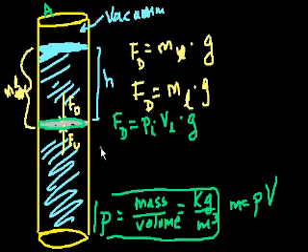So we could write that the downward force is equal to the density of the fluid times the volume of the liquid. And the volume of the liquid is just the height times the area.